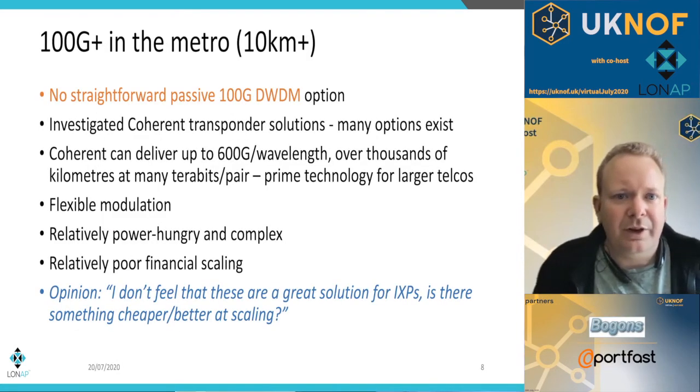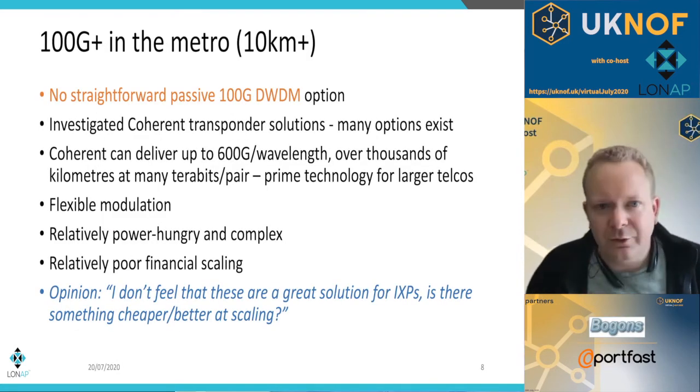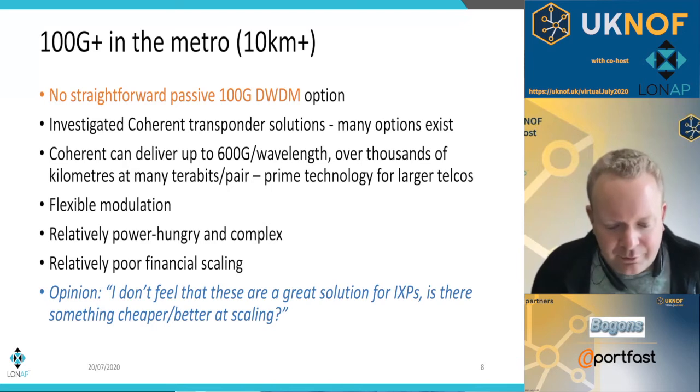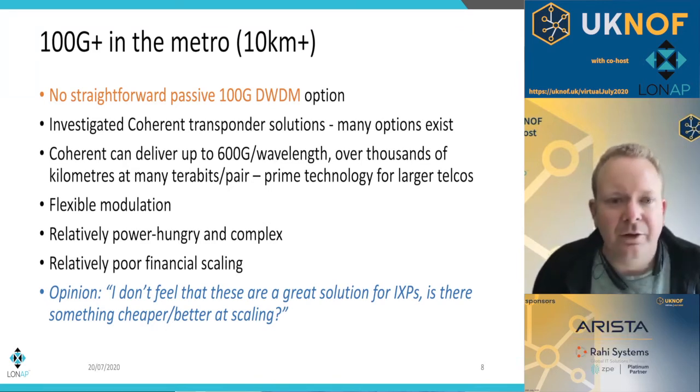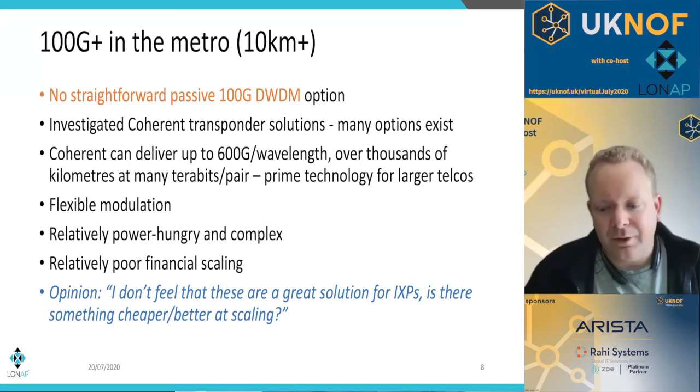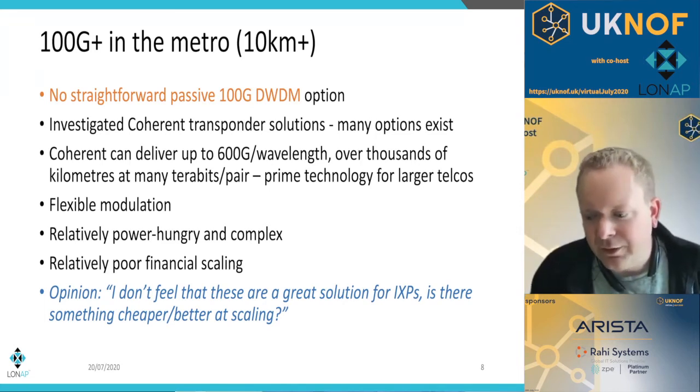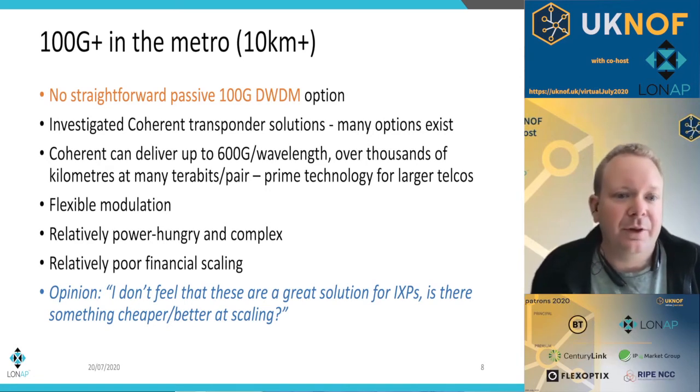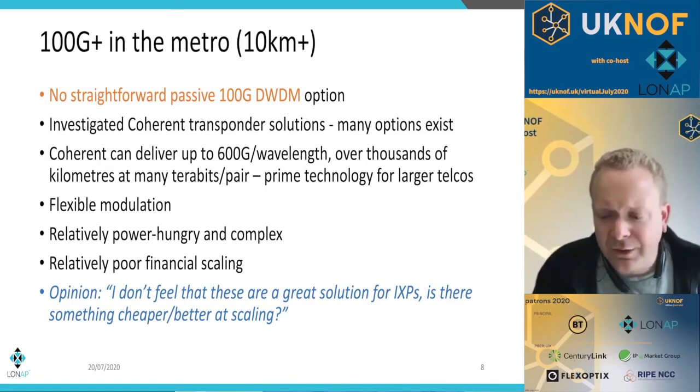So what is with 100 gig in the metro? Well, there's no straightforward passive 100 gig DWDM like we saw at 10 gig. I was looking at coherent platforms, and coherent platforms let you light large volumes of waves over long distances, up to thousands of kilometers. And very flexible modulation techniques, different topologies.